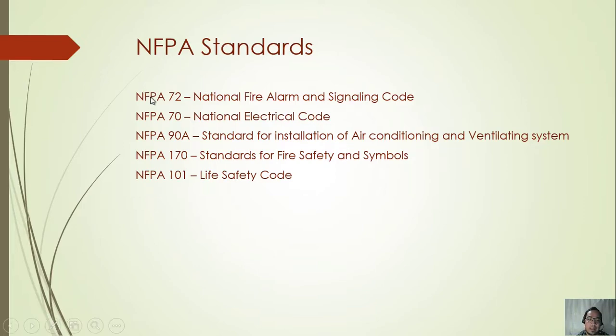Mainly, one is NFPA 72, the National Fire Alarm and Signaling Code. The other one is NFPA 70, the National Electrical Code. NFPA 90A, standards for installation of air conditioning and ventilating systems. NFPA 170, standards for fire safety and symbols. And the last one is NFPA 101, Life Safety Code.